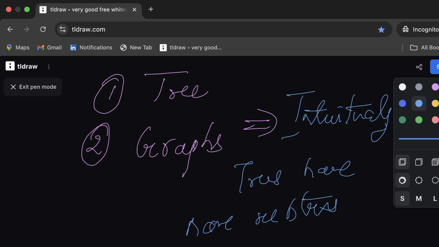Whenever we have that tree and sub tree, you already have a sub problem.